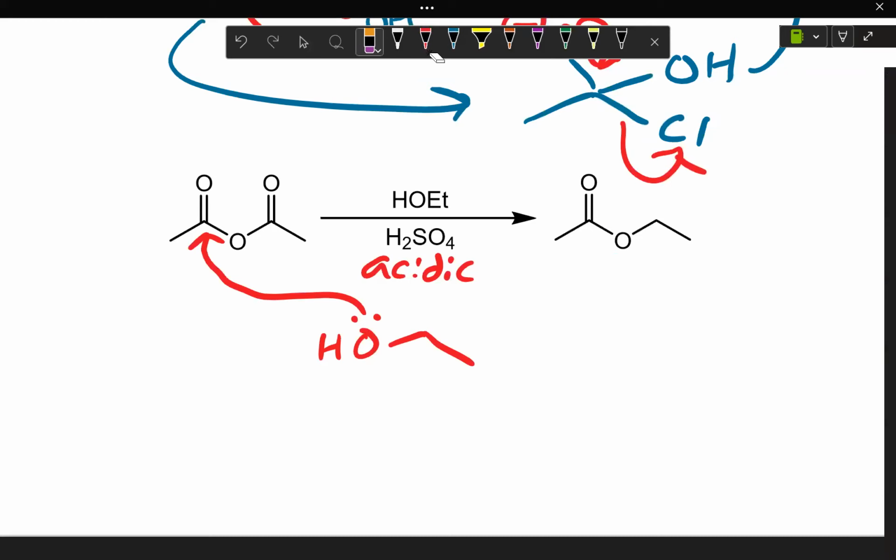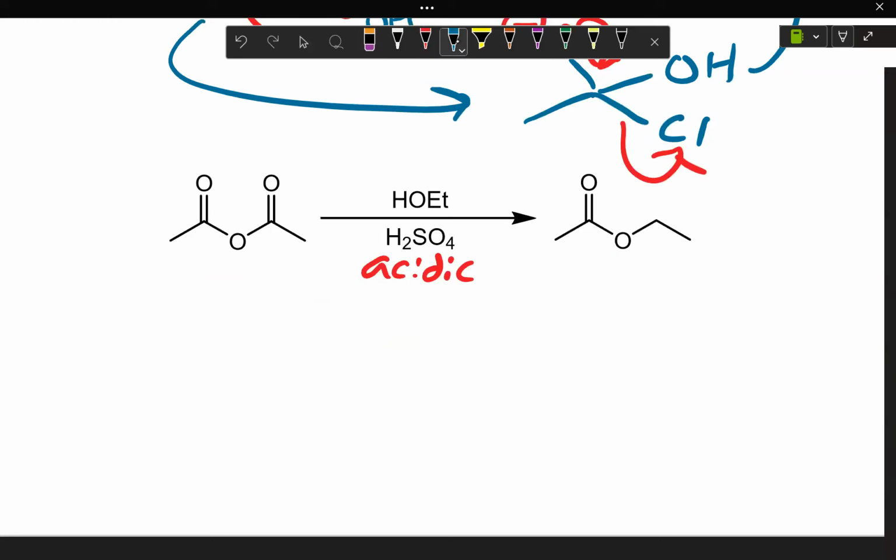But because we're in acidic conditions, this would, one, create a negative charge on the oxygen, which we don't want. And also, alcohols are poor nucleophiles, so this is never going to attack a carbonyl. And we learned from the last test, in order to make a carbonyl more electrophilic for a poor nucleophile like an alcohol, we can protonate.